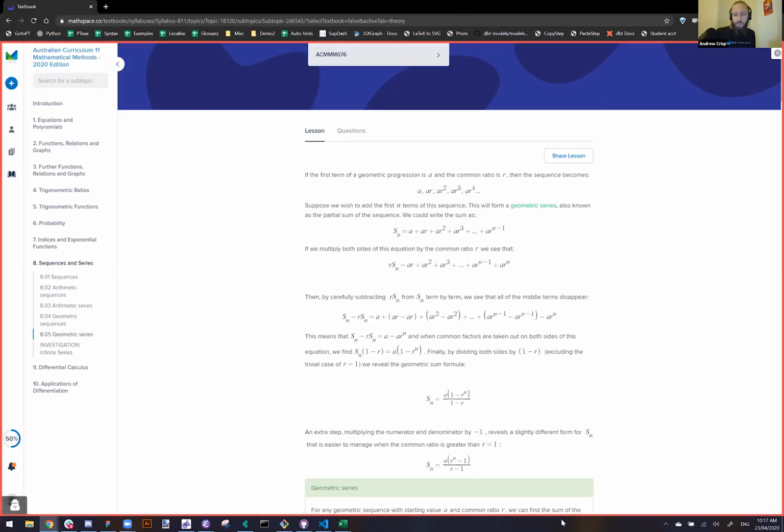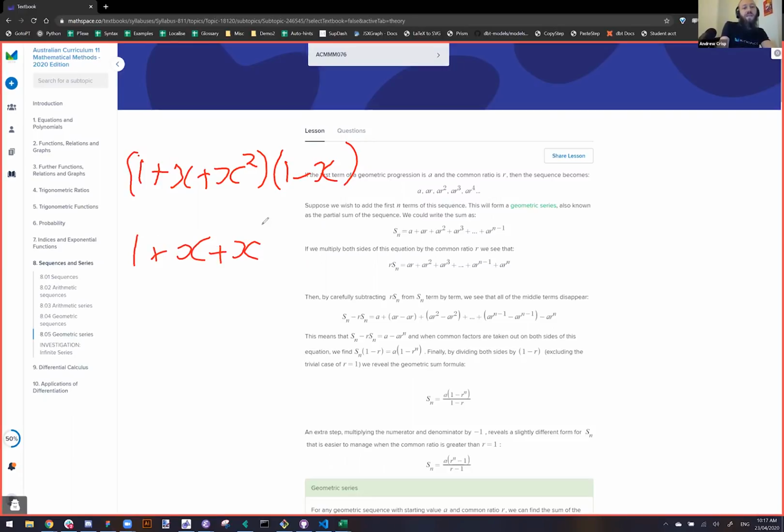So annotate, cool. So if you were to do something like 1 plus x plus x squared, and you were to multiply that by 1 minus x, a cool thing happens. When you do the multiplying by 1, you get the same thing again, 1 plus x plus x squared.